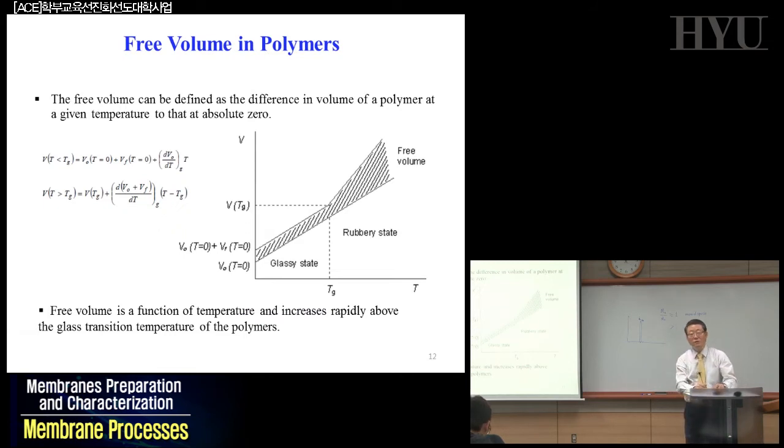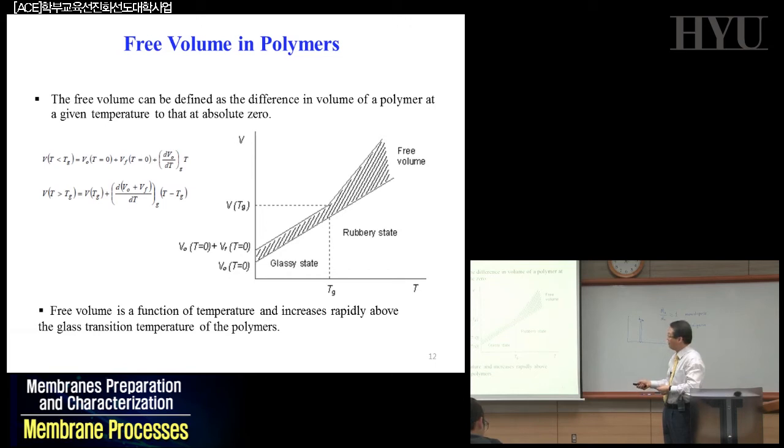Now we have to think about the free volume. Free volume is the one that, if you increase the temperature, your specific volume is plotted here. And if the temperature goes back to Kelvin temperature equal to 0, then there is no specific volume.